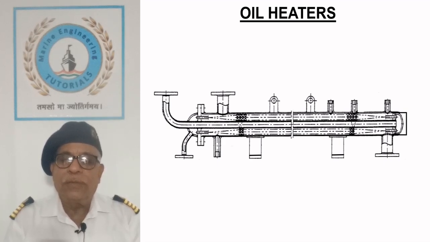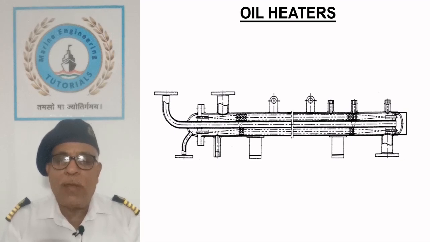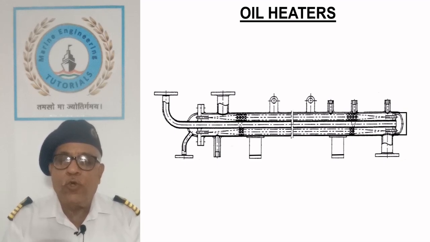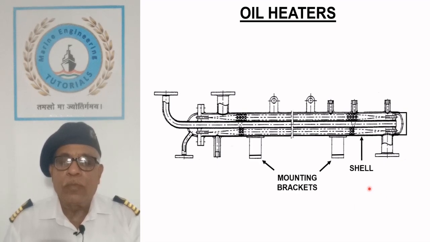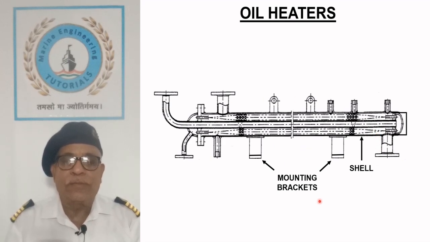Oil heaters are usually of shell and tube type, either with plain tubes or tubes with pins bonded to them. The heating medium is condensing steam with oil flowing around the tubes. The shell is supported by the mounting brackets.